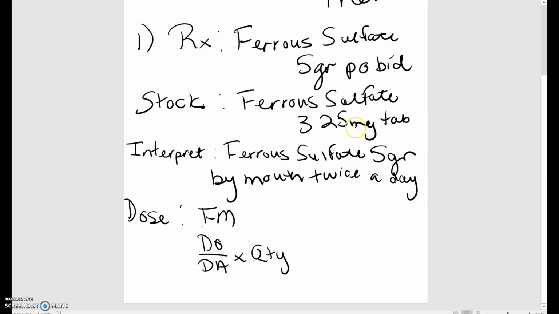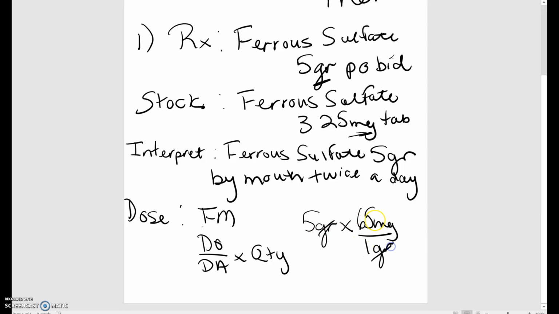Because the stock medication is in milligrams, your order needs to be in milligrams. In order to calculate a dose, the units have got to be the same. So you're going to convert 5 grains to milligrams by using the 65 milligram conversion.